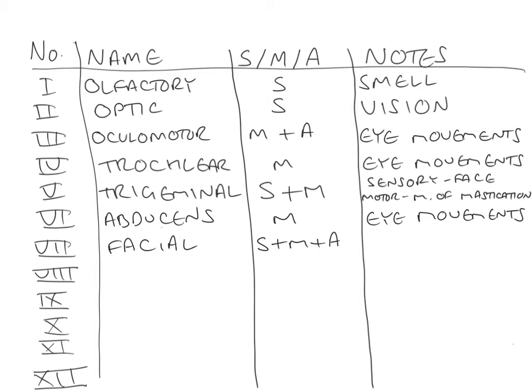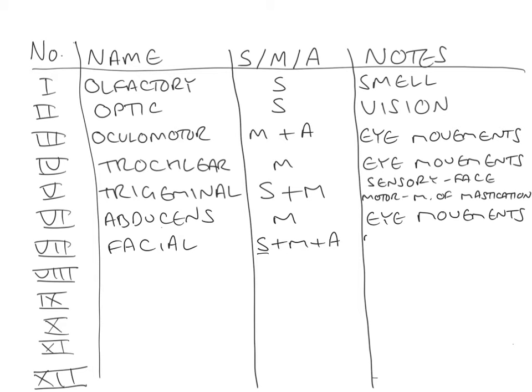I think for your purposes, the sensory component of the facial nerve can be ignored. It only supplies a very small area of skin around the ear. However, the motor and autonomic components are vital.